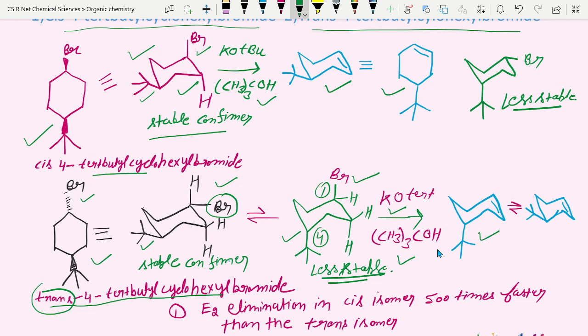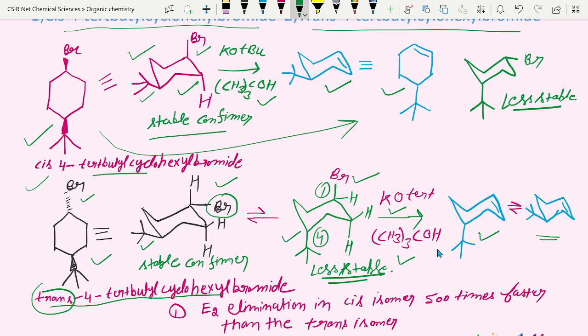So we have seen that when the cis isomer reacts, it directly converts to the desired product.